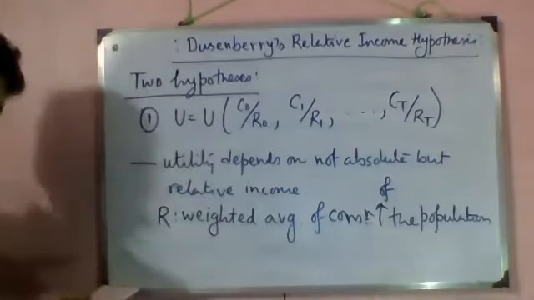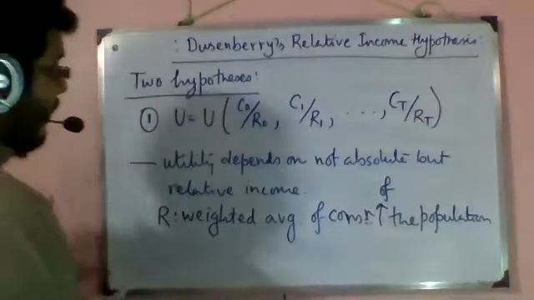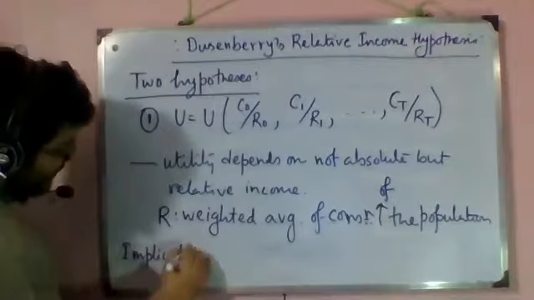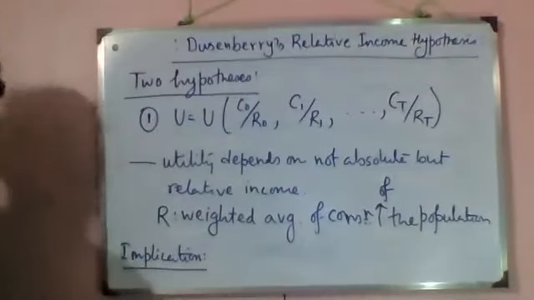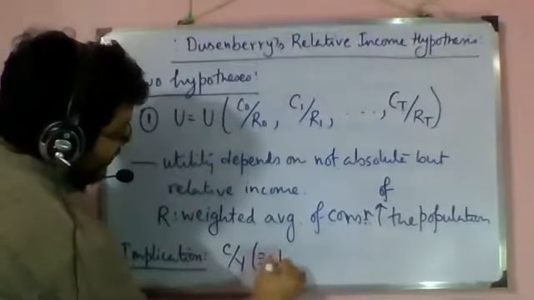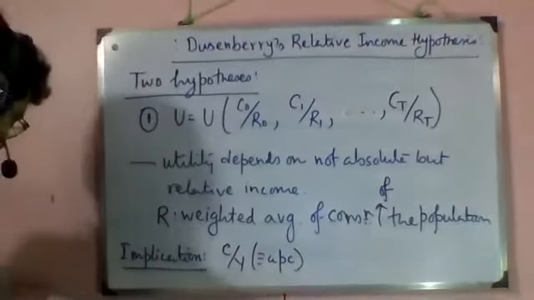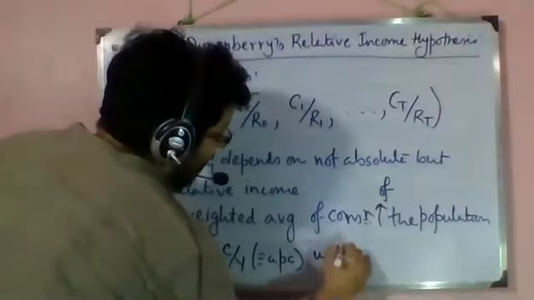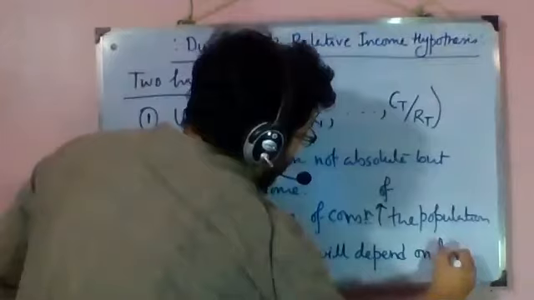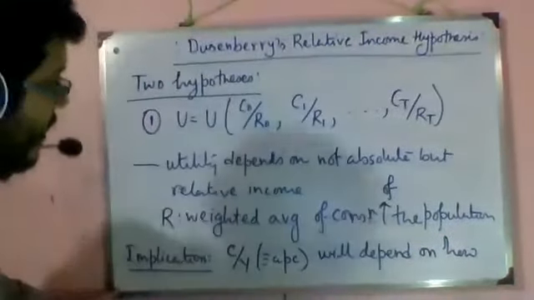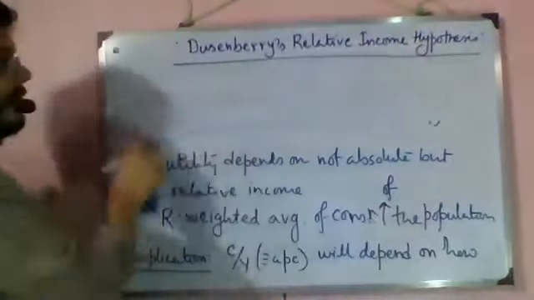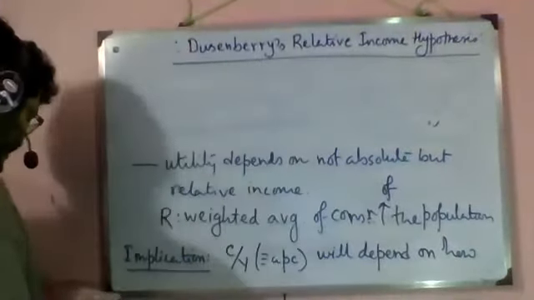But if this difference is important, then obviously one implication comes very naturally. And what is this implication? This implication is that C by Y, that is our APC, will depend on how far that person is from this average consumption level, or in this sense, average income.